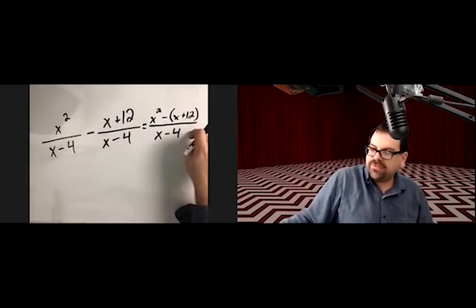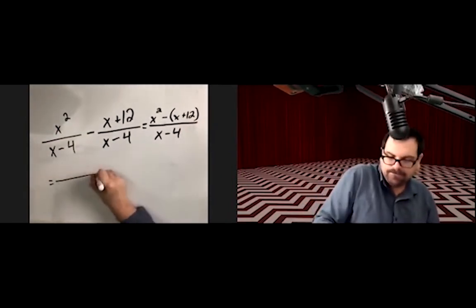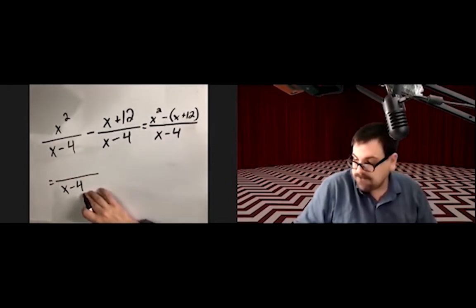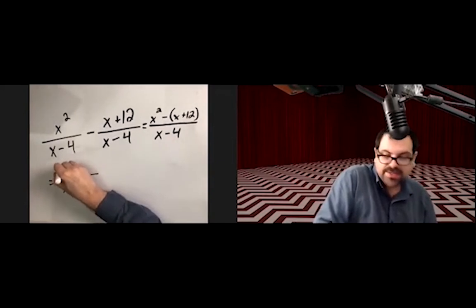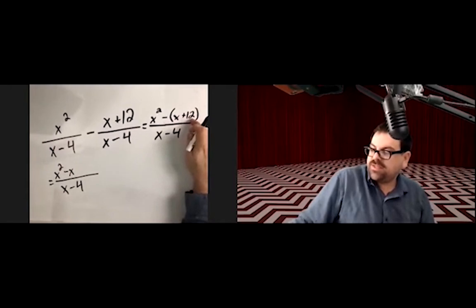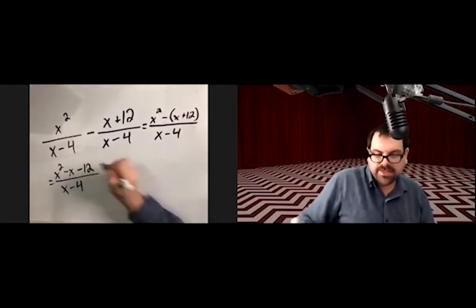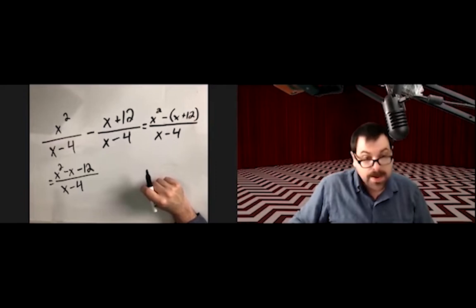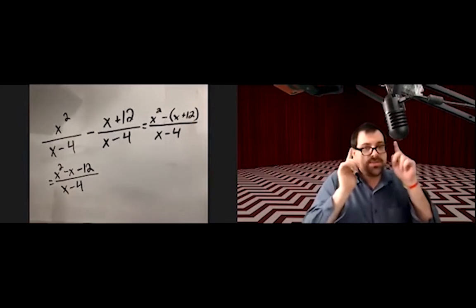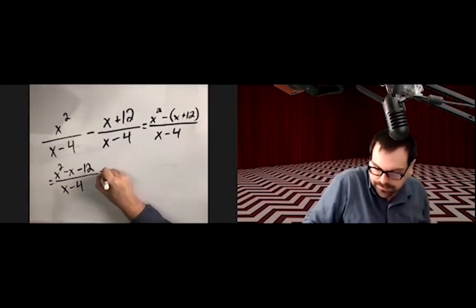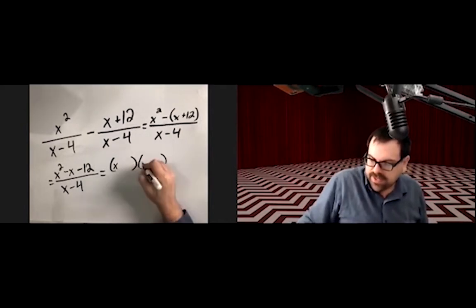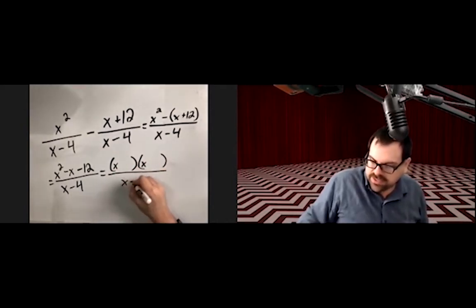So let's continue simplifying this. Keep our x minus 4 on the bottom. On top, we'll have x squared minus x, and then minus positive 12 would be minus 12. We can't just leave this as an answer because the top certainly looks like it might factor. For an x squared, we need x and x. We have our x minus 4 on the bottom.